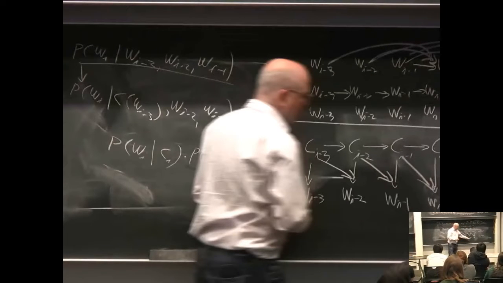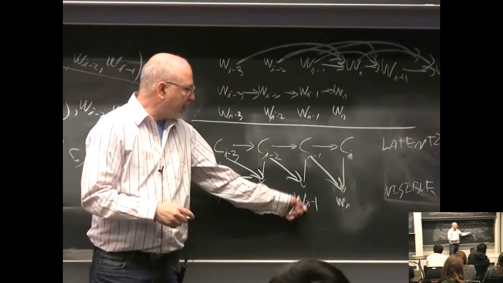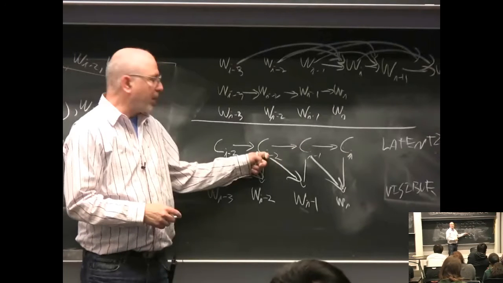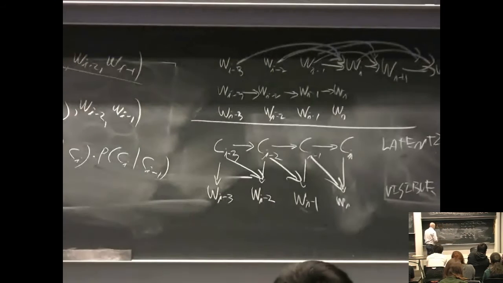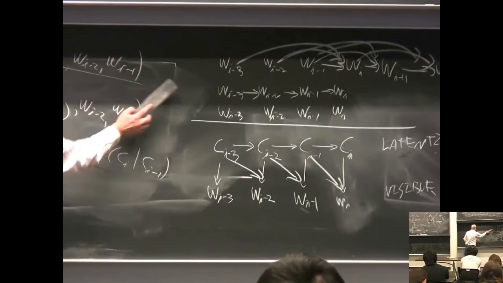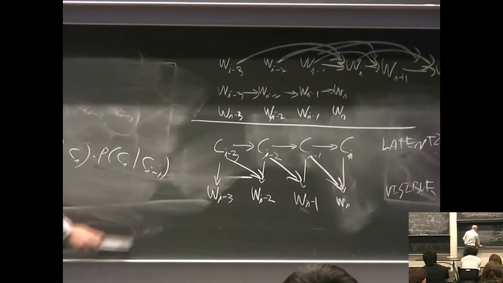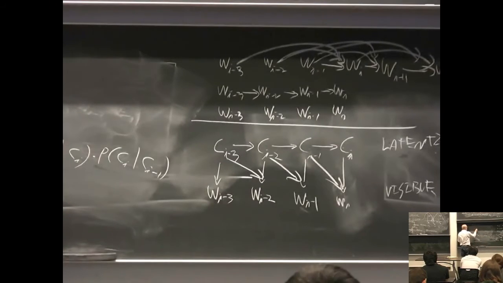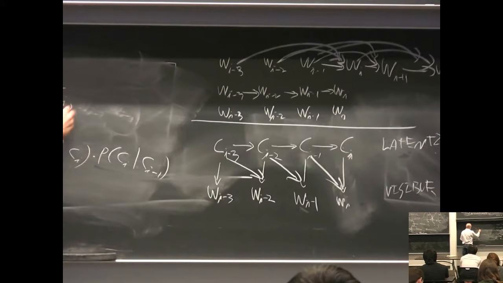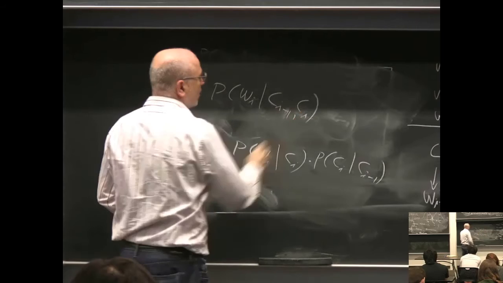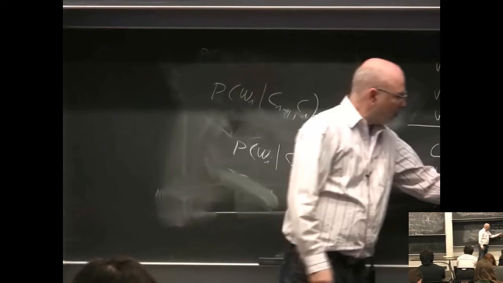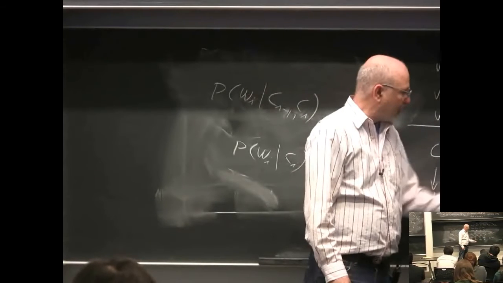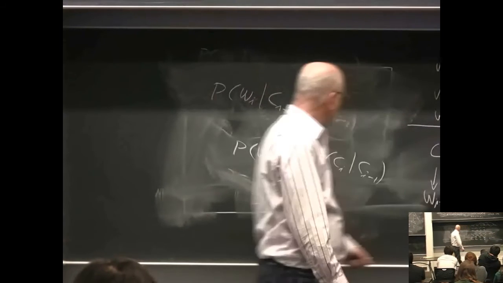That means the current word is determined not only from the current class, but also from the class before it. That would be written as probability of word I given C of I, C of I minus 1, and C of I. I mean, one before and the same.